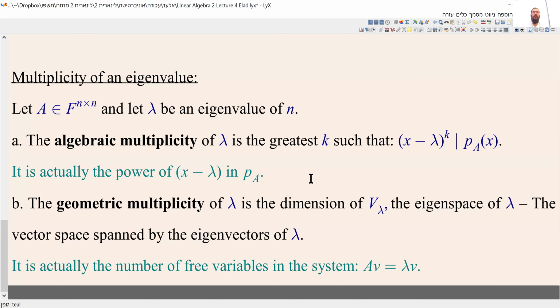So P of A of x, or of lambda, whatever, is the determinant of xI minus A, which is x minus 1, minus 2, minus 3. If you don't like all the minuses, you can start with a matrix of minus. The example would be the same. And minus 4, minus 8, and x minus 12.